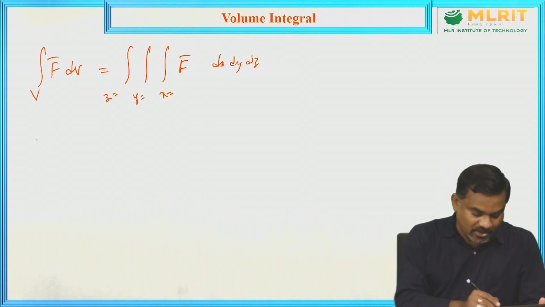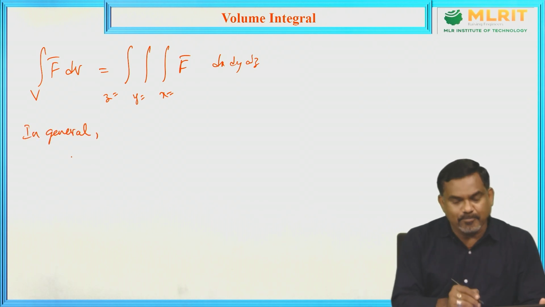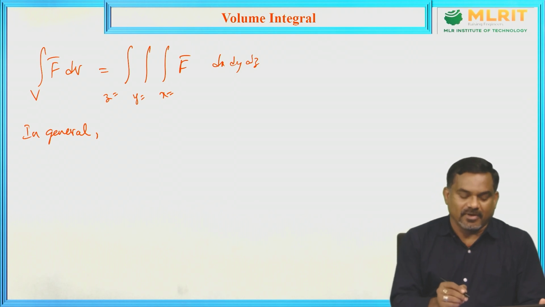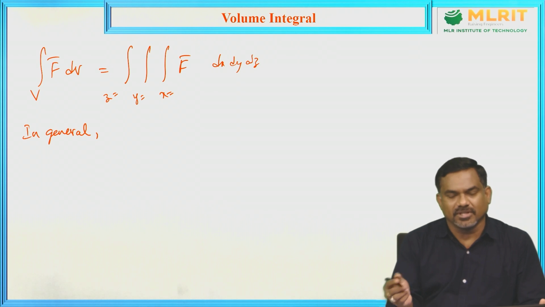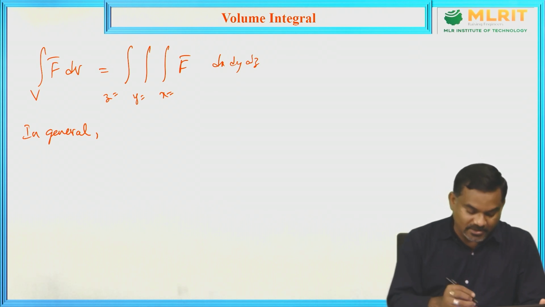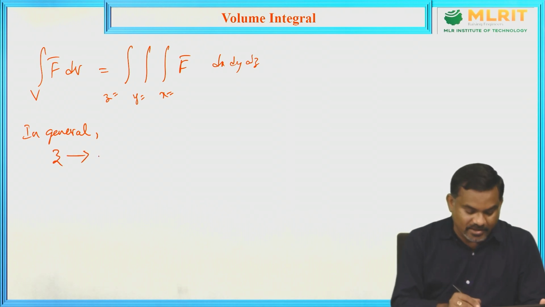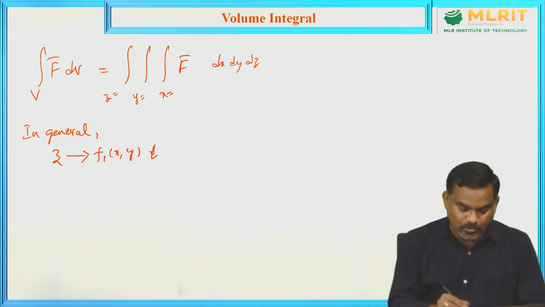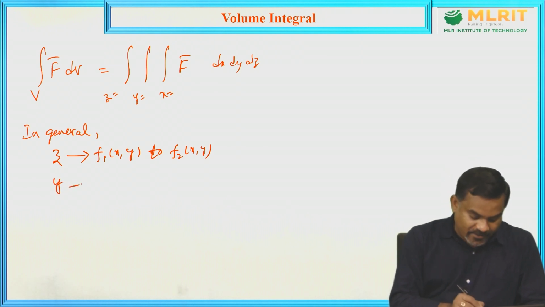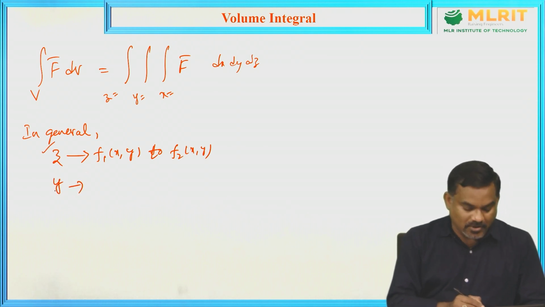So in general, the main point is to consider the limits as one variable in terms of the remaining two, then the second in terms of the third, and then the third in terms of constants. For example, we find the limits of z in terms of the remaining two variables, f1 of x, y to f2 of x, y. Now z is over, the remaining is x.